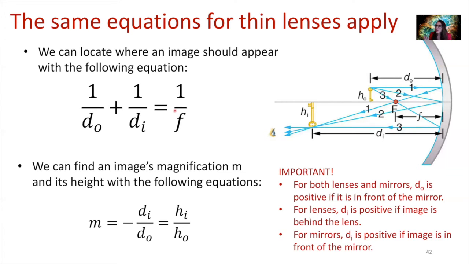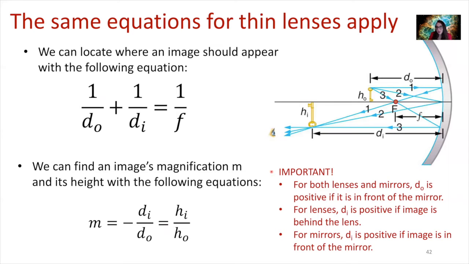So again, the thin lens equation, which we can also apply here: 1 over f, where f is the focal length of our mirror or lens, is equal to 1 over do, the distance the object is from the mirror, plus 1 over di, the distance that the image is away from the mirror. And we can also use the same equation for magnification. The magnification of the image created is equal to minus di over do. It's also equal to hi, the height of the image, over ho, the height of the object.